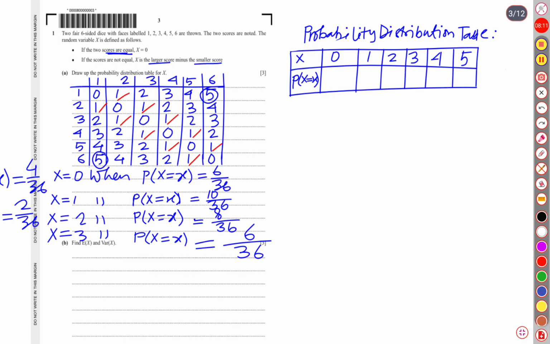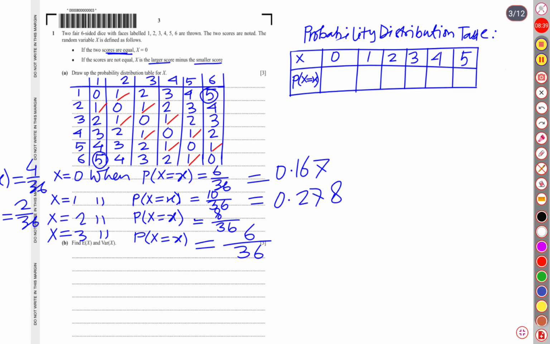If we divide 6 by 36, it is going to be 0.167, the first one we are expressing in a decimal. Then 10 divided by 36 is 0.278.